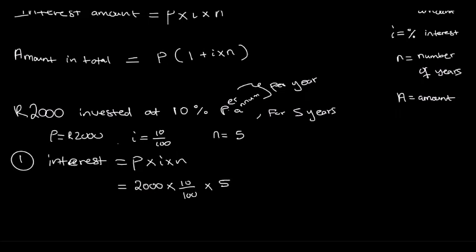You can simply use a calculator and get the final amount quickly. That means in 5 years you would have accumulated an extra amount of 1000 rand.